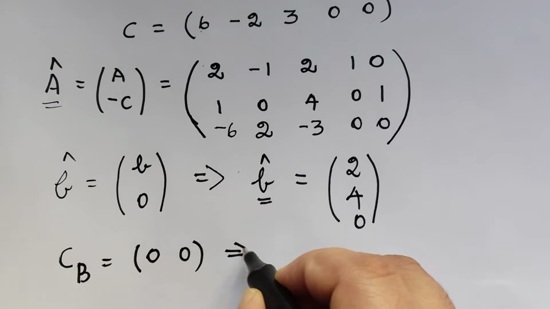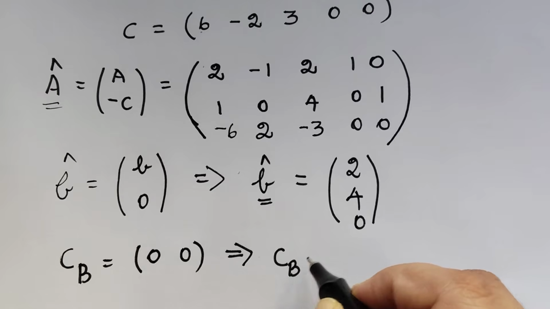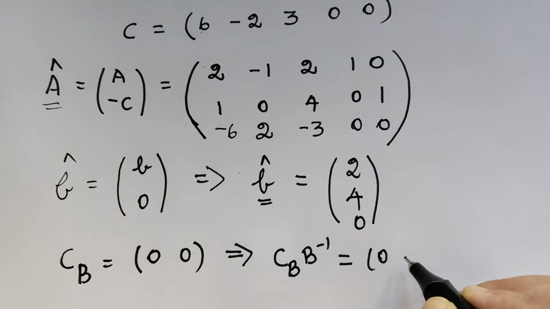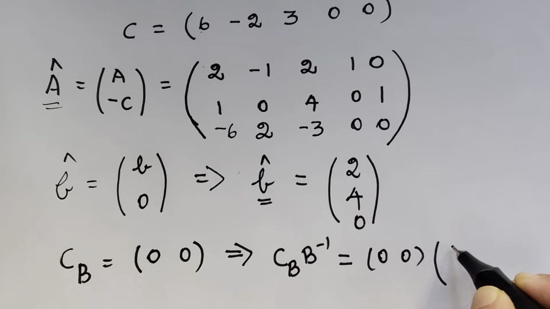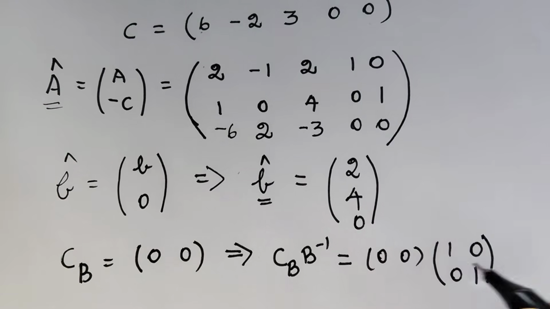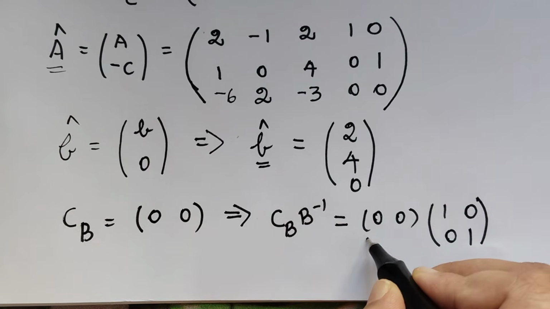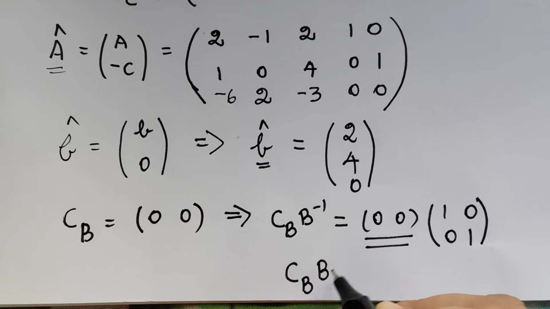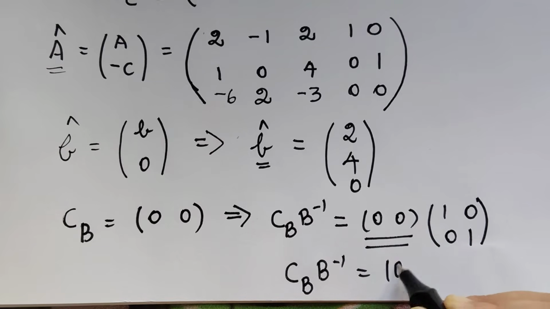So from this we can write CB B inverse. We should multiply these two matrices, and that will be equal to 0, 0 multiplied with B inverse, which is 1, 0, 0, 1. We know that any matrix, when multiplied with the identity matrix, is going to remain the same, and therefore CB B inverse will be equal to 0, 0.